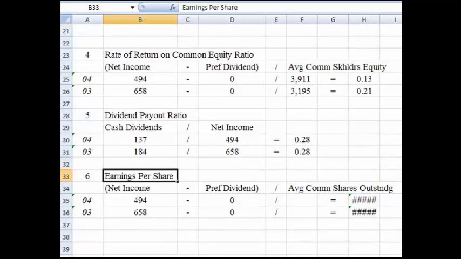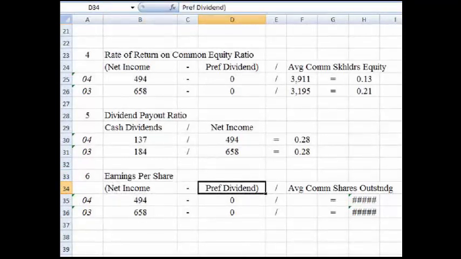Ratio 6, earnings per share, is still a profitability ratio and is one that is watched closely by the investment community. Earnings per share is considered one of the excellent pictures of the financial health of a company. Once again, the net income has been carried down from a prior ratio, and the preferred dividend has been carried down from a prior ratio.